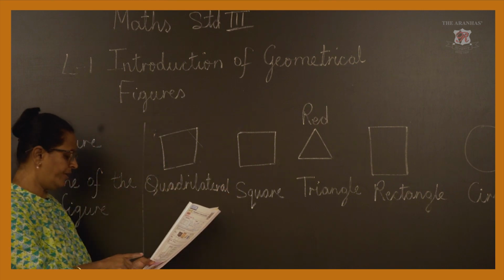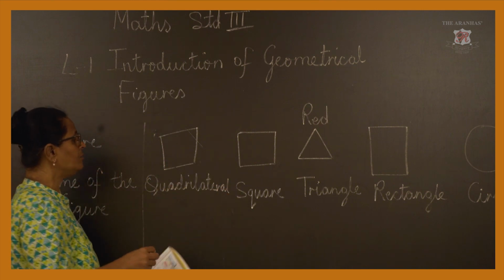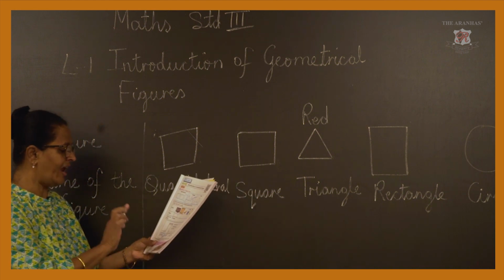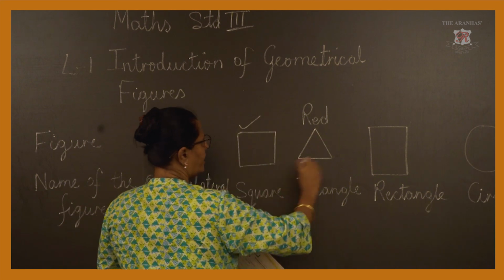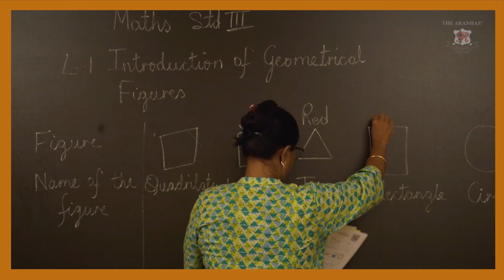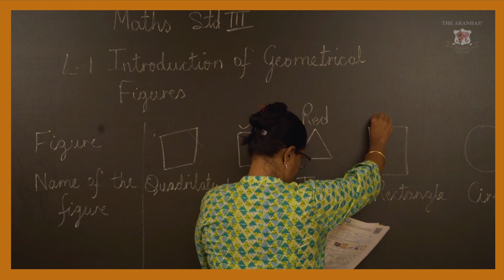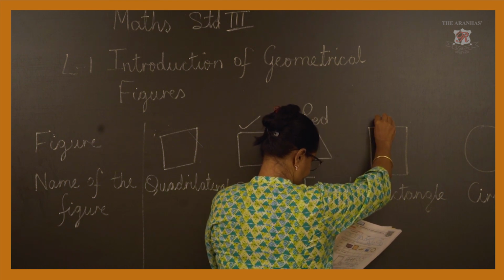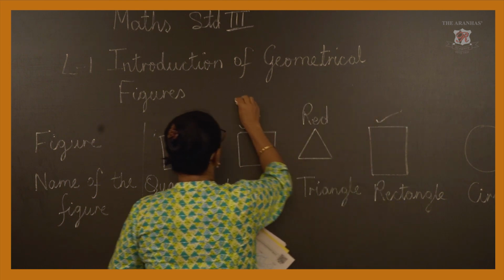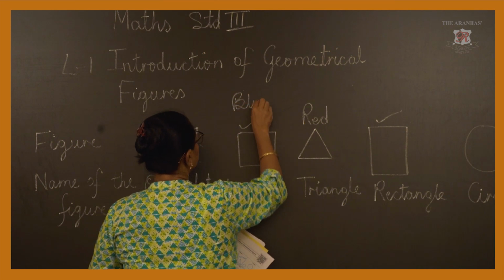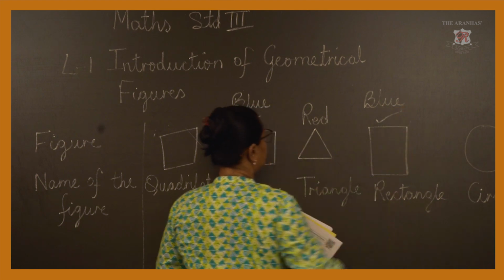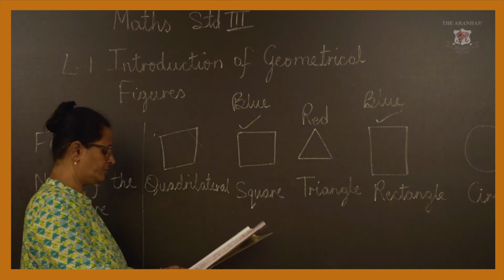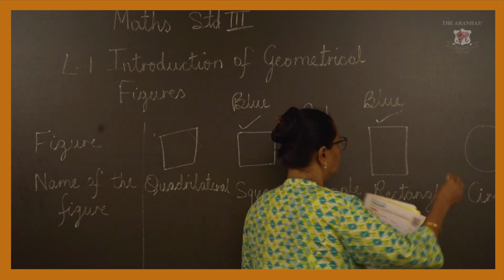Okay, the quadrilaterals blue. Now, here children, when I say quadrilaterals blue means you can take the square and the rectangles, square and rectangles, all these will be blue, okay, and you have to do the circles in yellow.